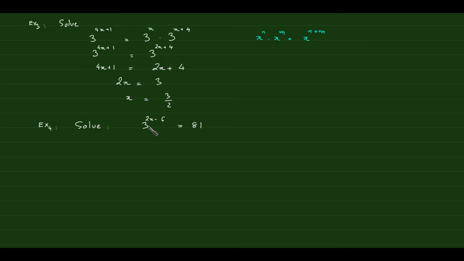Because the base on the left hand side is a prime number, we cannot convert anything else. On the right hand side, I can rewrite this: 81 is actually 9 times 9, which is 3 raised to the 4. So I do one more step so that the base is the same. As long as the base is the same, I can set up the exponents: 2x minus 6 equals 4, then 2x equals 10, and x equals 5 as the final answer.